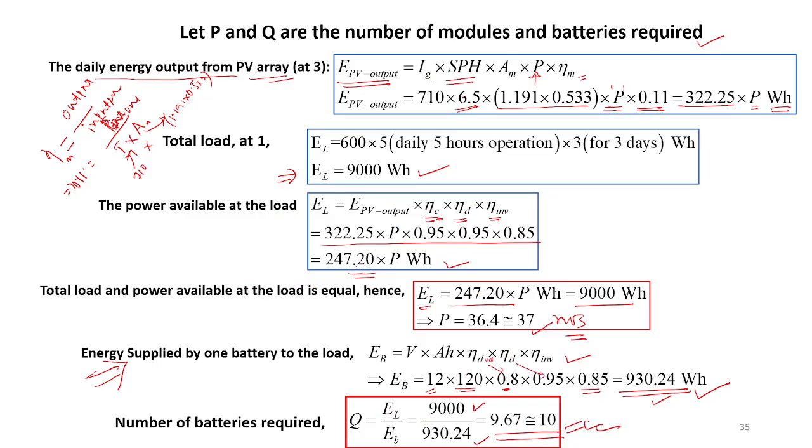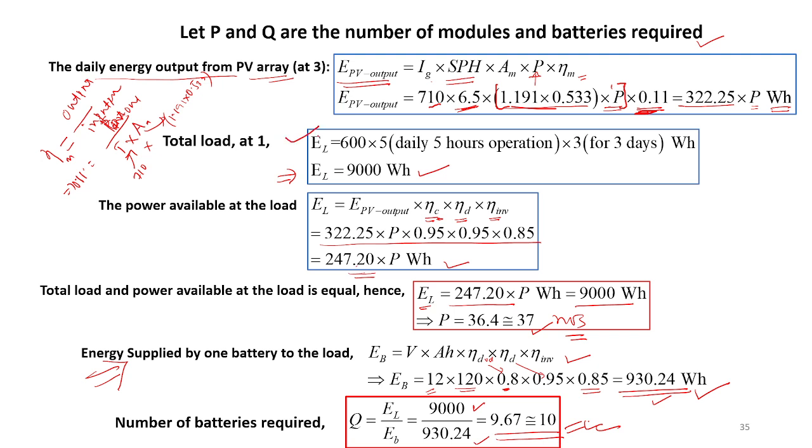So we'll multiply all these terms. Note that the area of each module is given. So for P number of modules, your whole area will be P into your area of each module, into your number of sunshine hours, into your solar influx, into your efficiency of each module. So this much energy, daily energy, is output from your PV array.